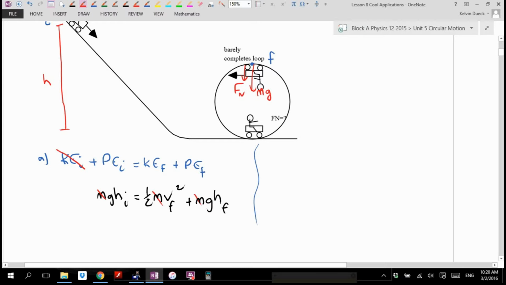What path is this person tracing out? A circle. So which way must my net force be pointing? Toward the center. Who's winning? It's kind of a trick question. Both are. So mg plus the normal force equals m v squared over r, because I'm pretty sure I'd like to find v.